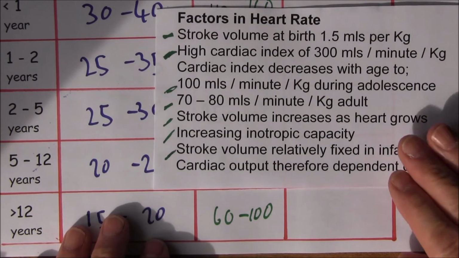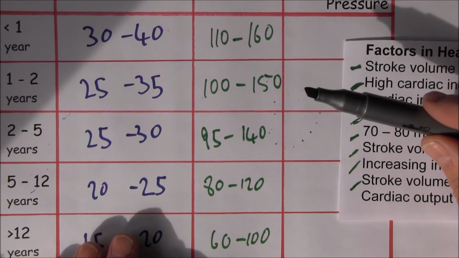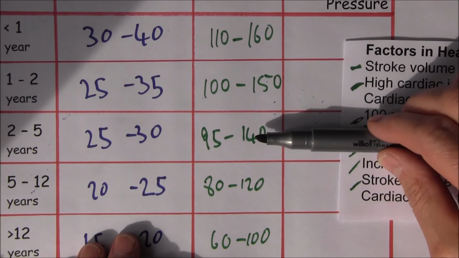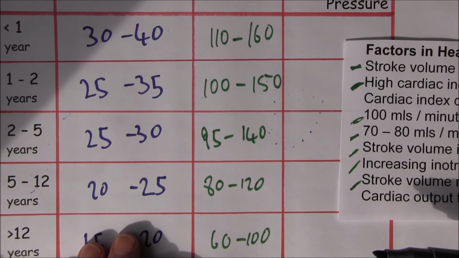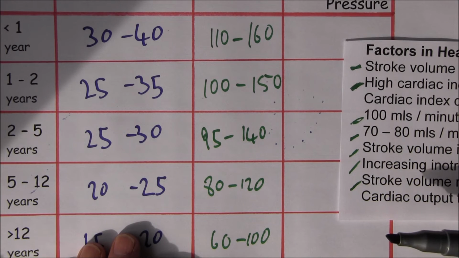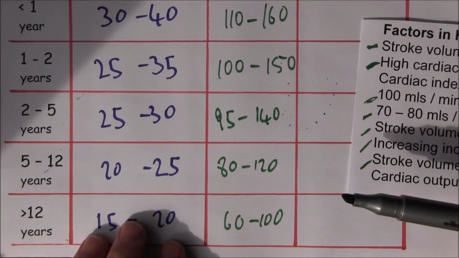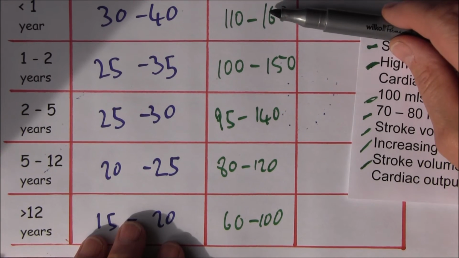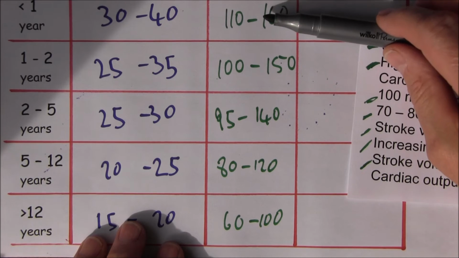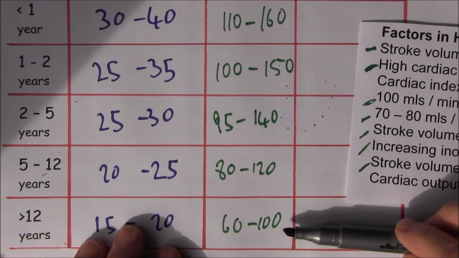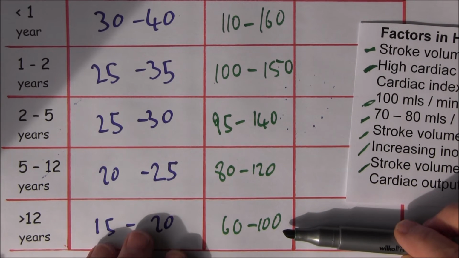So always remember that any reduction in heart rate, especially in younger children, is a very significant finding, because they depend on their heart rate for their cardiac output. This is why children get fitter as they get older. The heart gets bigger, the stroke volume is going to increase, and the inotropic capacity is going to increase.